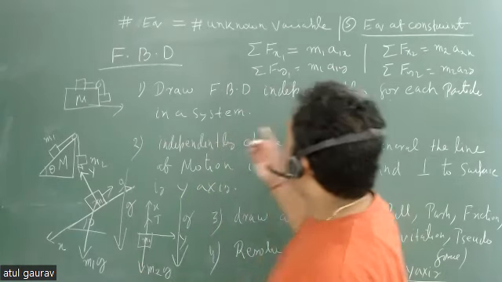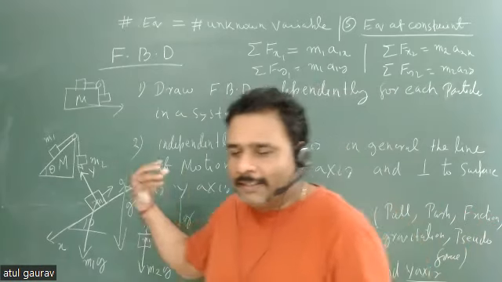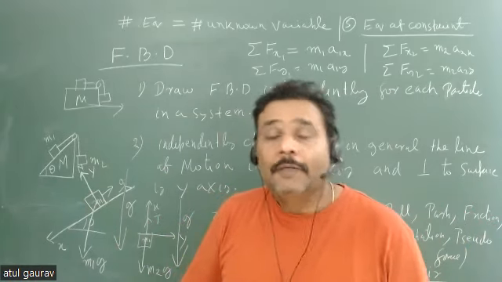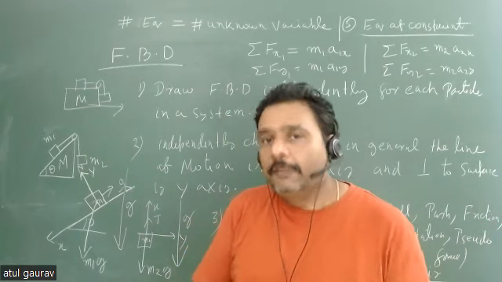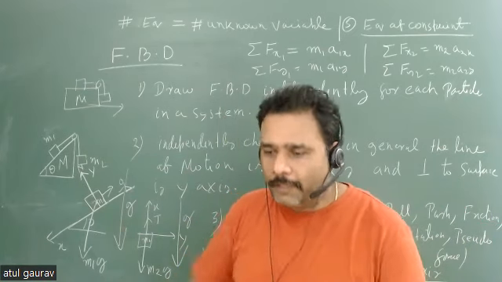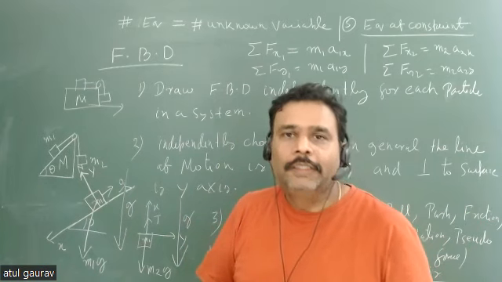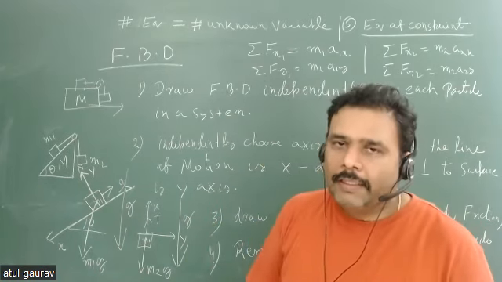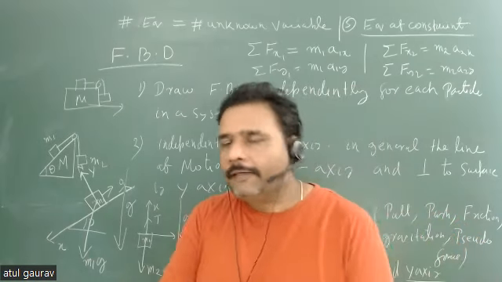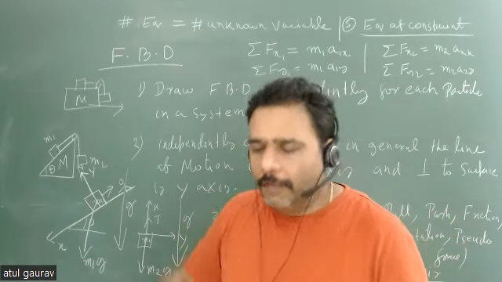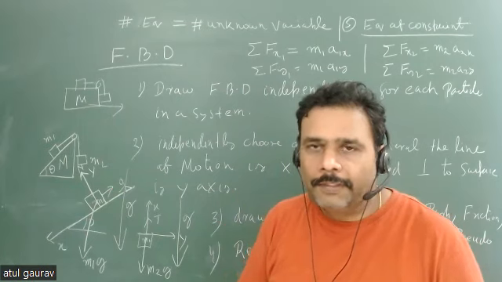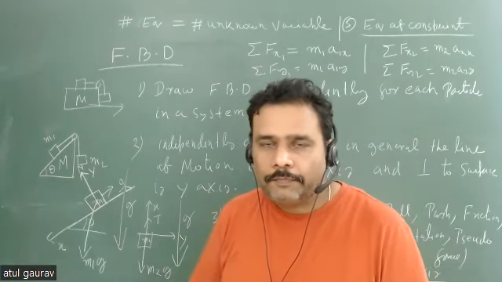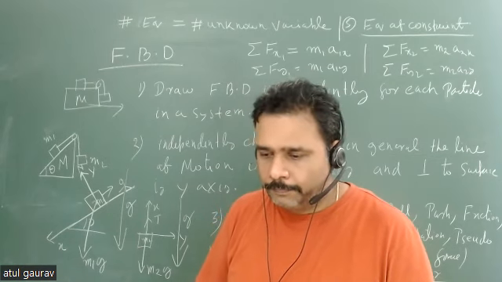Sometimes it is very trivial and there is no need to write it, but sometimes you need to write it properly, when you have one or more pulleys. Otherwise, it is very trivial at your level. We will also try to solve some problems based on that. Everyone is comfortable? Yes, sir.